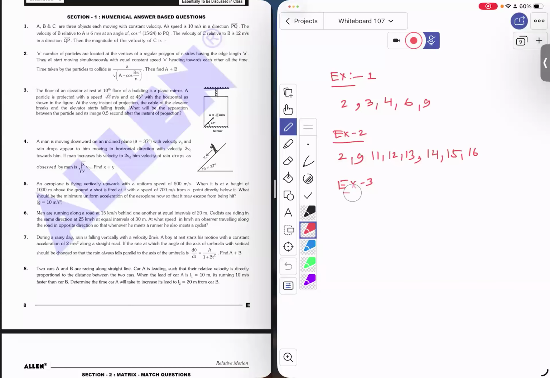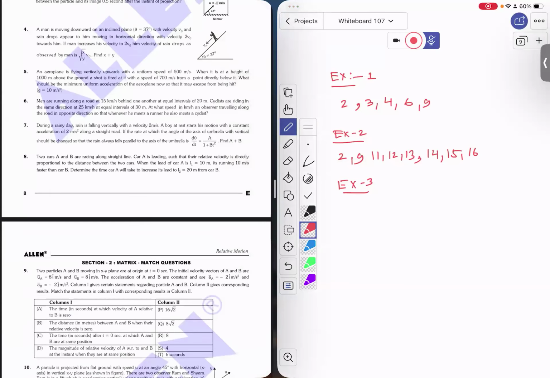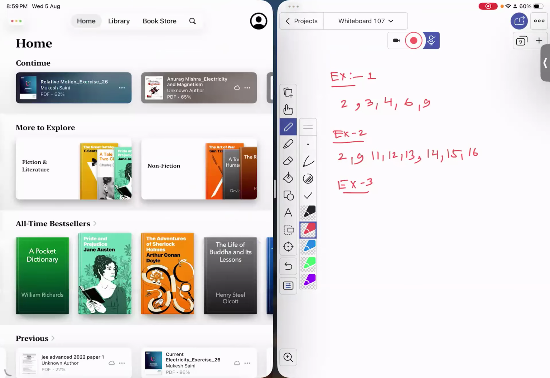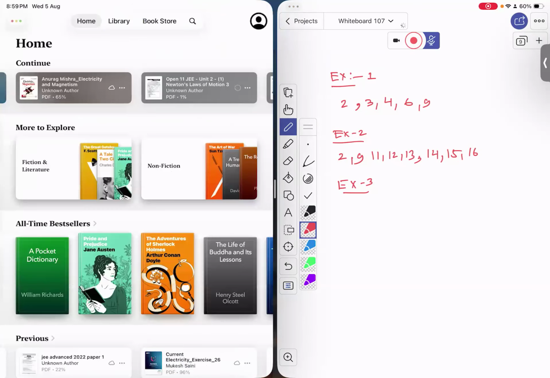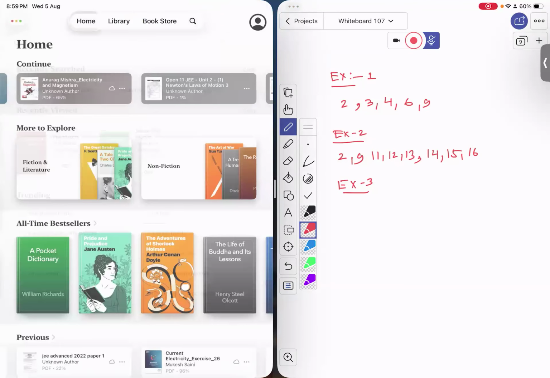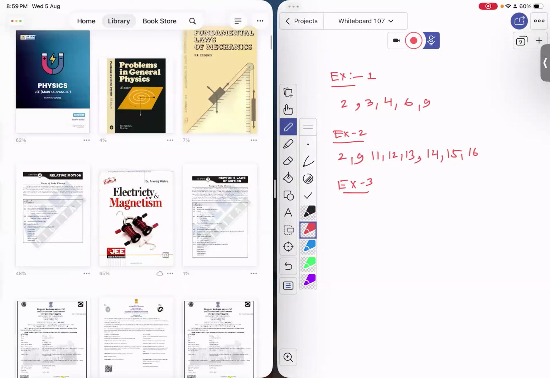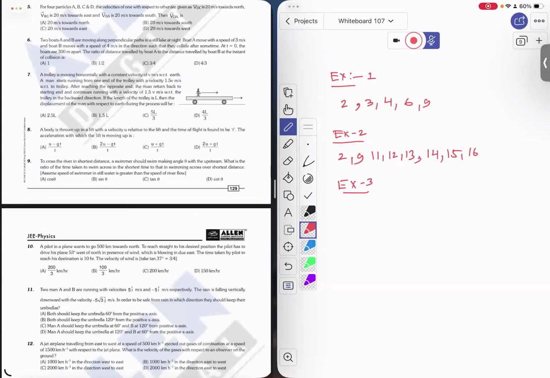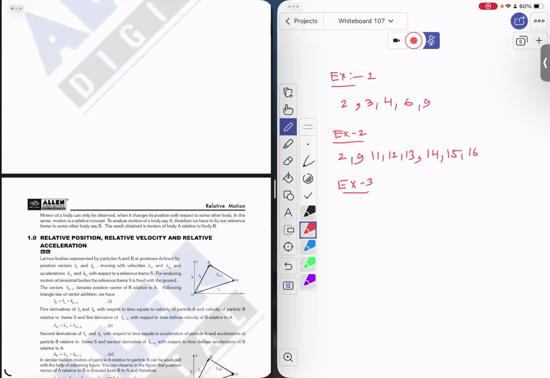And in exercise 3, no question. Okay, Beginner Box also. Just a moment, I'll open Beginner Box. Just laws of motion. Even try the illustrations.